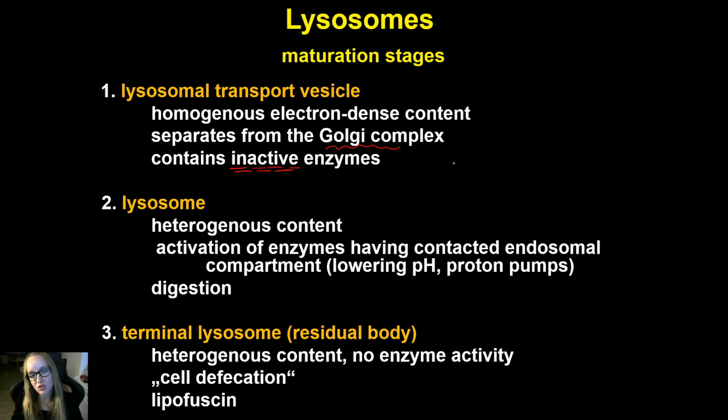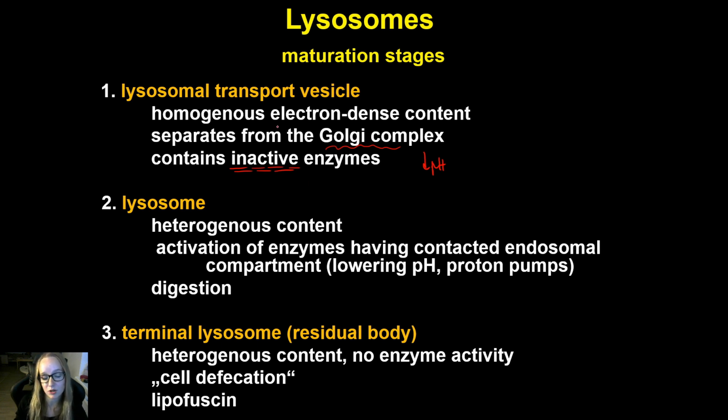So they are not working at this time. Because what the vesicle really needs in order to activate its enzymes is a lower pH. You need quite a low pH for enzymes to activate. But the lysosomal transport vesicle has a high pH, so it has inactive enzymes.